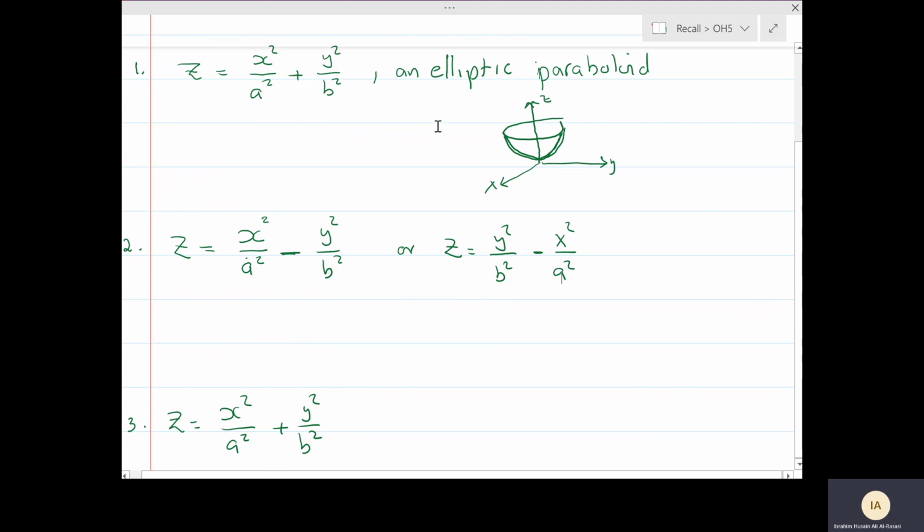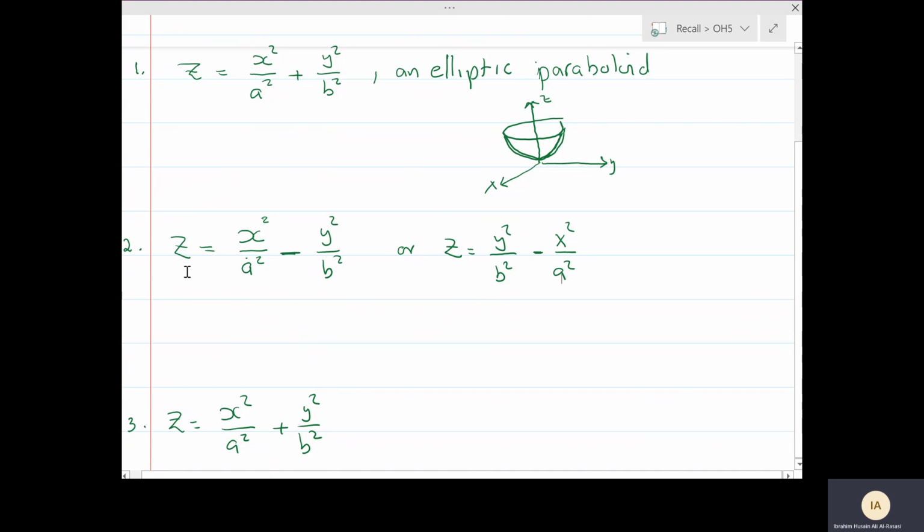Just remember, for number 1, elliptic paraboloid, the name comes from the traces. The traces are ellipses or parabolas. So here, what are the traces? If y equals 0, you get a parabola. If x equals 0, you get a parabola also. If z equals a constant, a number, you get a hyperbola.